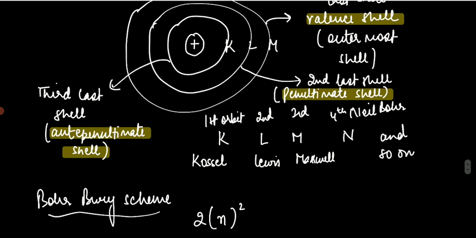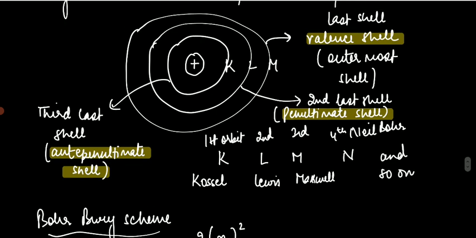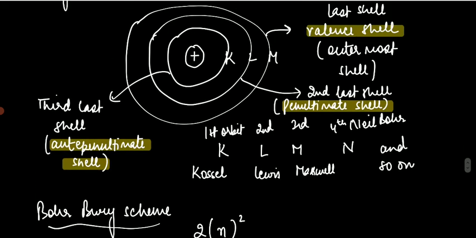So these shell names are governed with the presence of electrons. Where electrons are, how they're moving, in what path they're moving, we are just naming that pathway. So we are applying maths and geometry to the structure of the atom in order to understand the behavior of electrons. So now we are going to understand these areas that we have termed K, L, M, N shells, first, second, third, fourth orbit, and so on.